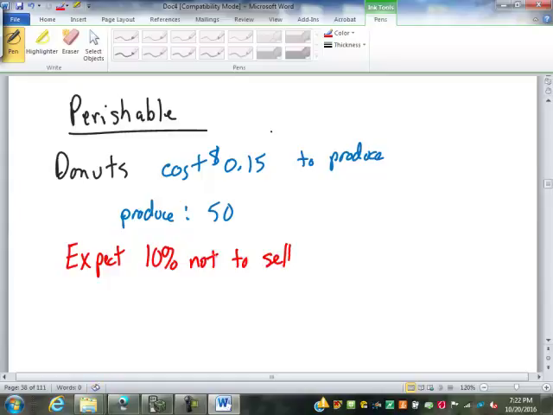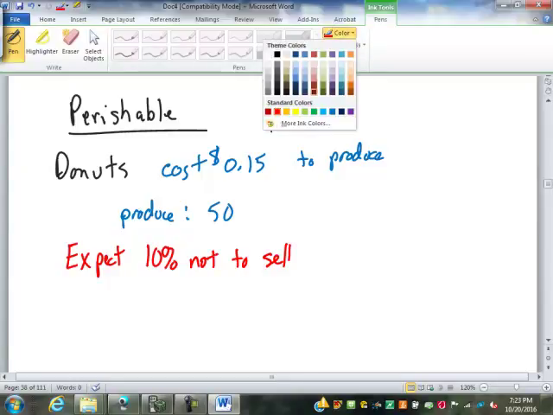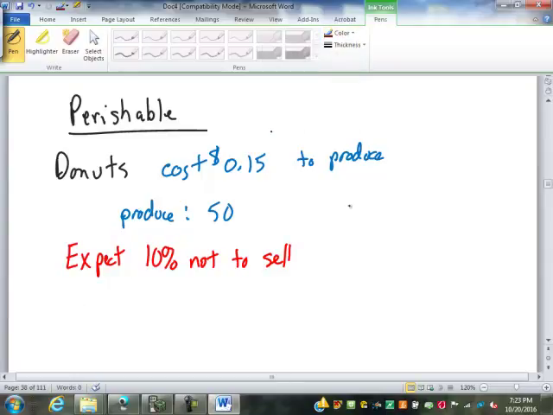So what that's saying is you produce 10% more than what you expected to sell because you wanted to have a little extra. You figure to cover your costs, your overhead, your labor, and all that, you need an 80% markup on cost.